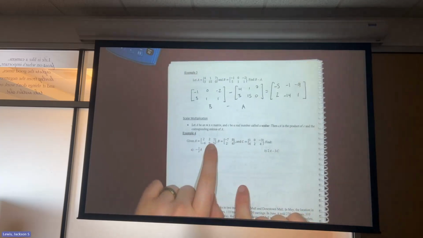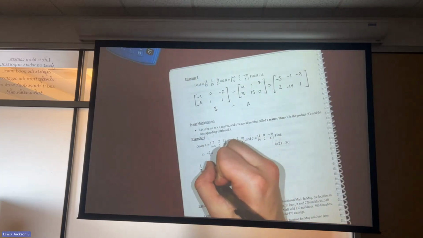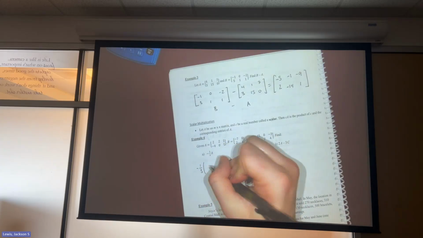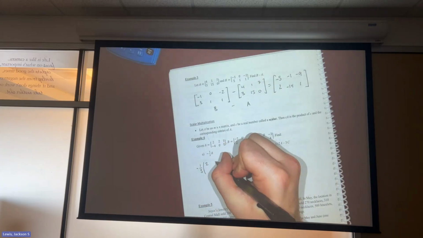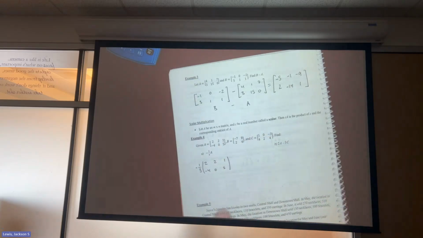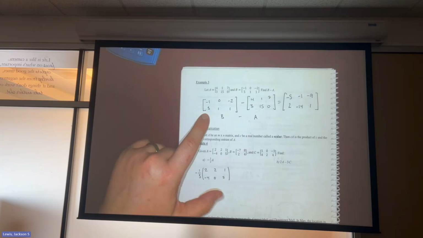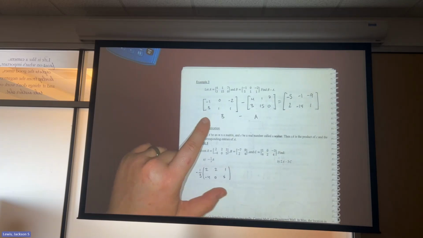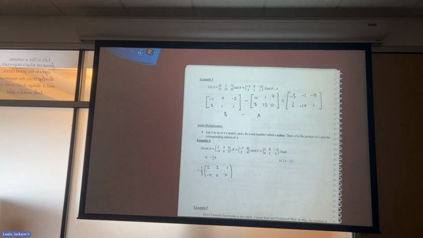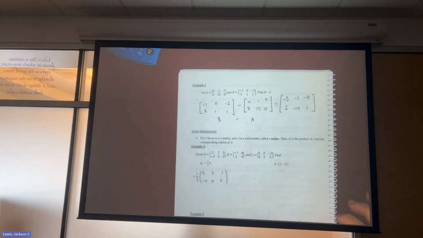So for example, if I have negative 1/3 of A, and A is 2, 2, 1, negative 4, 0, 5. Note that sometimes I switch between parentheses and brackets. That doesn't change anything. Some people write them one way, some people write them the other. I switch between notation very often.